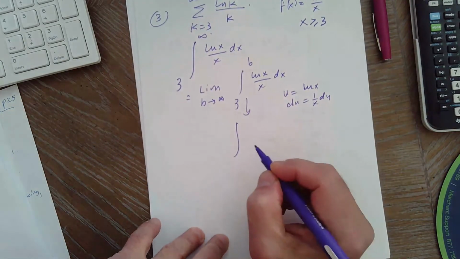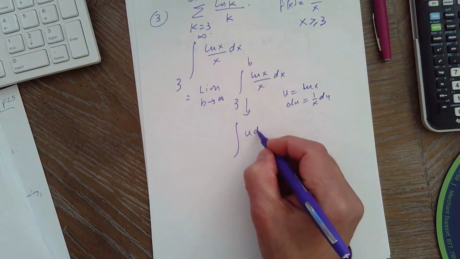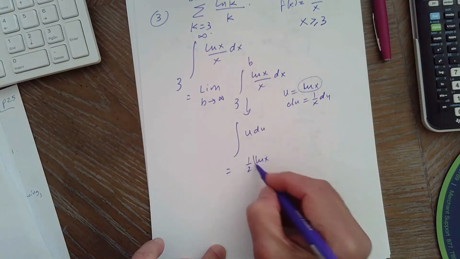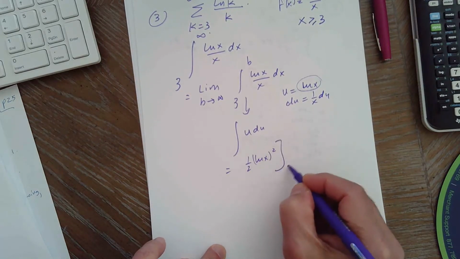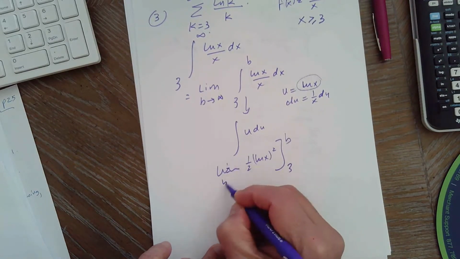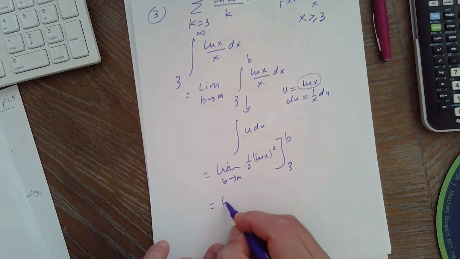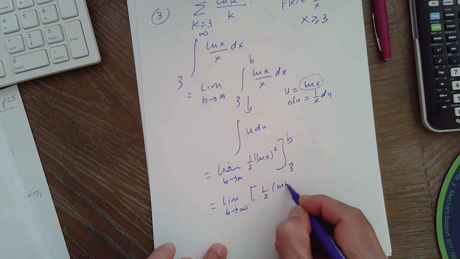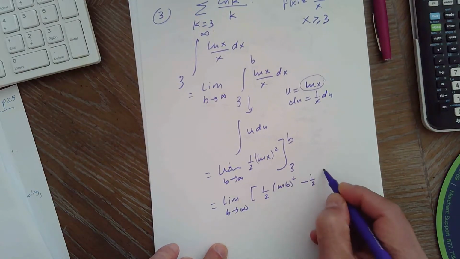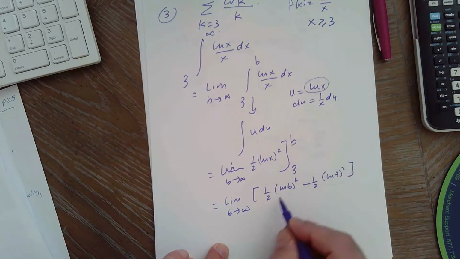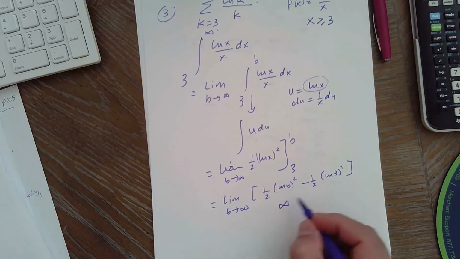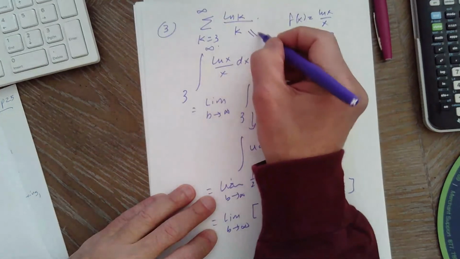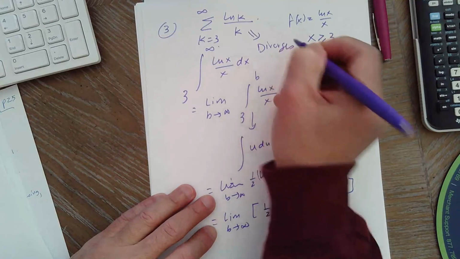So this would be the integral of u du, which is u squared over 2, which is (ln x) squared over 2, from 3 to b, limit as b goes to infinity. It's 1/2 (ln of b) squared minus 1/2 (ln of 3) squared. ln of infinity is infinity, minus a number is infinity. The integral diverges, so does the series. So the series diverges using the integral test.